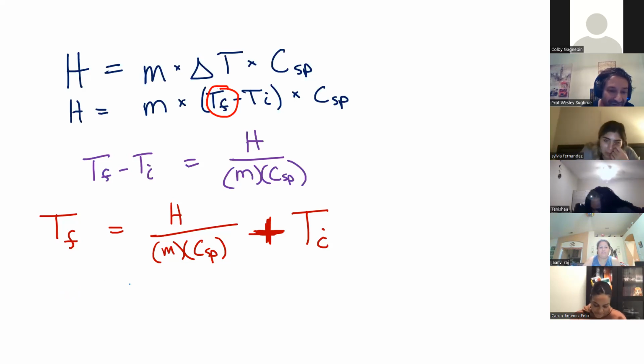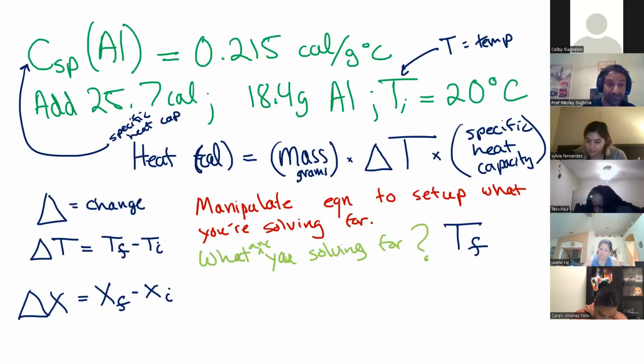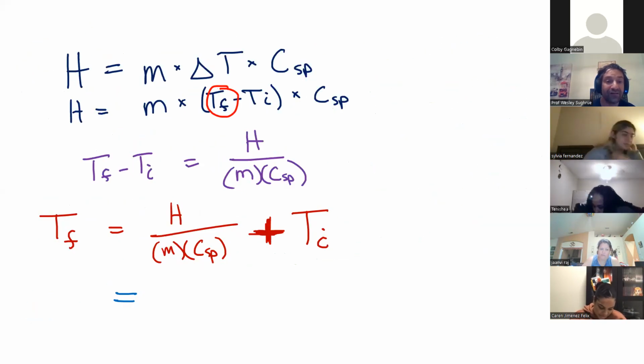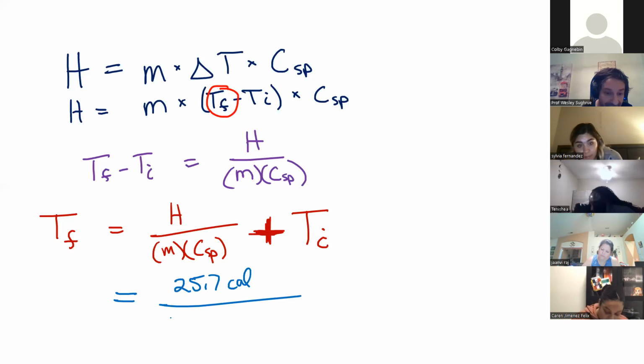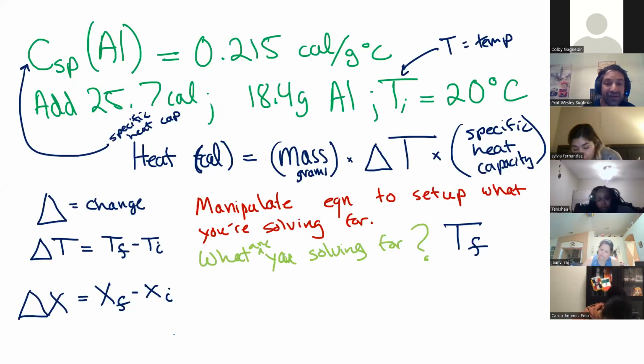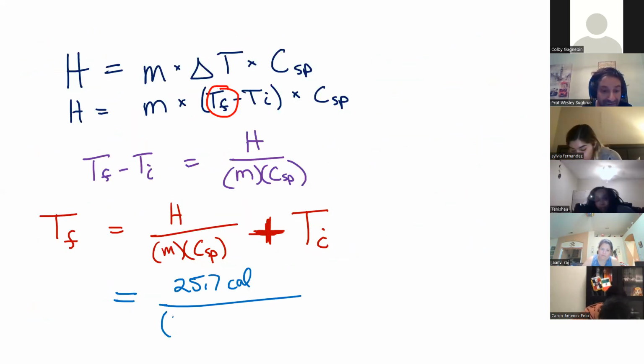Okay, so the temperature final. Now we just plug in our numbers. The heat, remember, if you've forgotten, I'm going to flip back real quickly. The heat was 25.7. So 25.7 calories divided by, we're going to use 18.4 grams. And then finally, the specific heat capacity is 0.215.